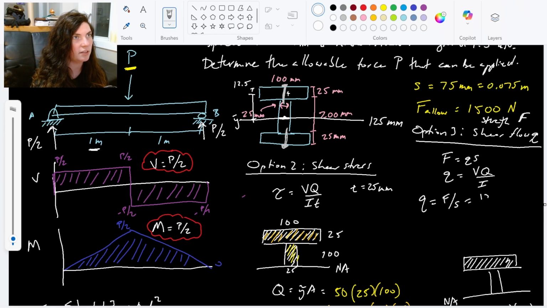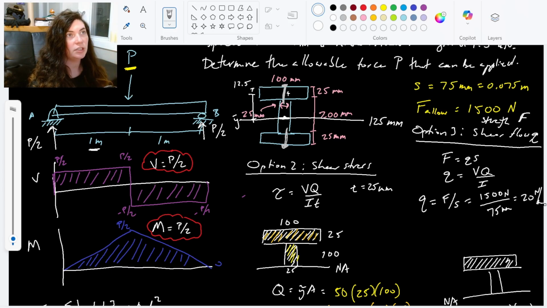So that'll be the 1,500 newtons over, I think I want to keep it in millimeters, yes, 75 millimeters, which is going to give me 20 newtons per millimeter.